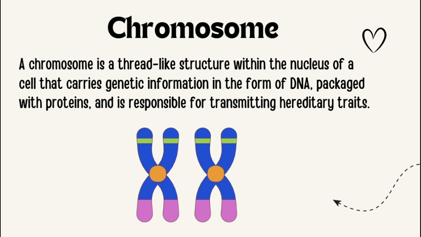But just to get an idea of what your structure is like, it's a thread-like structure, right? So basically this representation is when they are condensed. When they are decondensed, it makes them a lot harder for us to see, right? So when they're condensed, they resemble this, but in all reality, they are made up of thread-like structures, right?